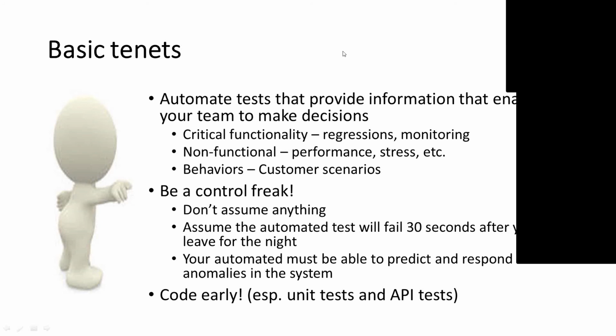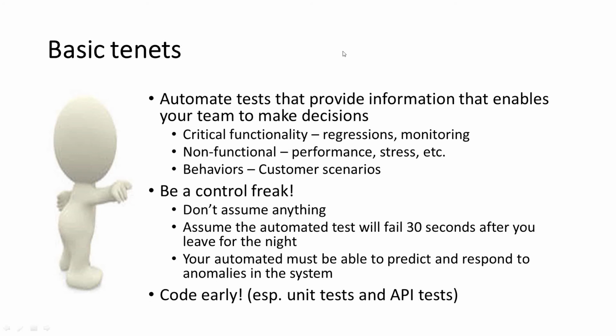Below are some ideas for the types of tests that we typically automate. We're looking at critical functionality, and non-functional behaviors such as performance, stress, and security; those are the things we spend a lot of time automating.